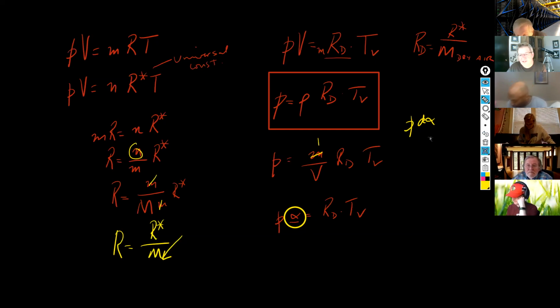What is PD alpha? Work? That's a work term, right? Work, because the work of a gas is expansion. So we have an expansion going on, that is where that term comes from.